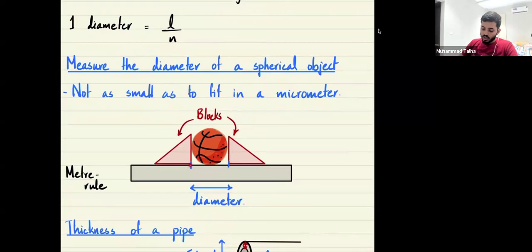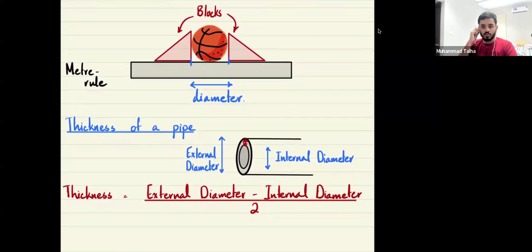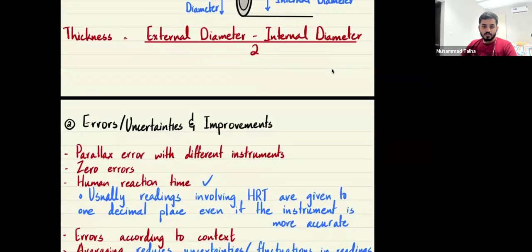And then once we take off these readings from the meter rule, the difference between them just gives us the diameter, right? Thickness of a pipe, it's not really asked all that much now. But the thickness of a pipe can be found if you take the external diameter minus the internal diameter, and you divide by 2 to get the thickness here, right?